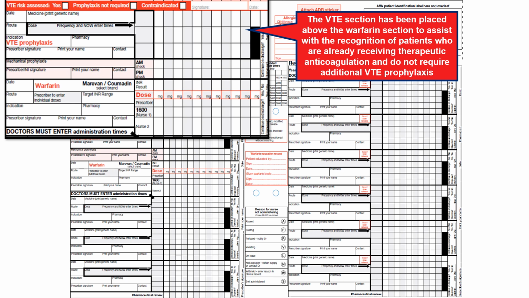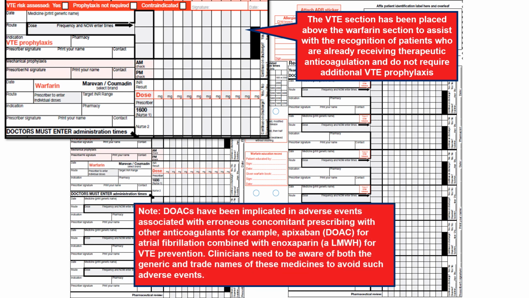However, since this document was last reviewed, a lot of the newer oral anticoagulants such as rivaroxaban, dabigatran and apixaban are being used in greater numbers, and these can be written anywhere on the chart. This really does put the patient at risk of being co-prescribed therapeutic anticoagulation and prophylactic anticoagulation at the same time, and certainly there have been events related to this.